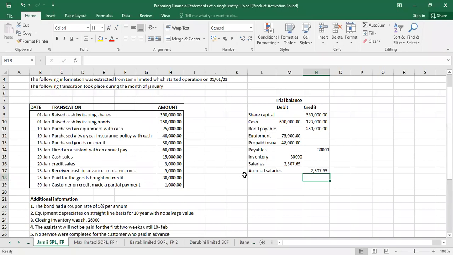Cash sales, isn't it? So cash sales, our cash increases, isn't it? We come here, we add. It was increasing by how many? Cash sales, 15, isn't it? Enter. Then what account will we be debiting?